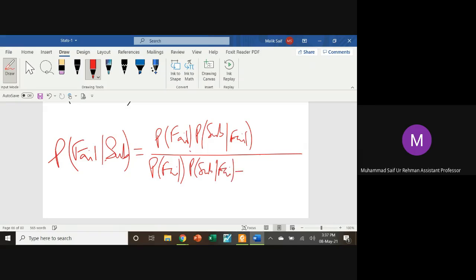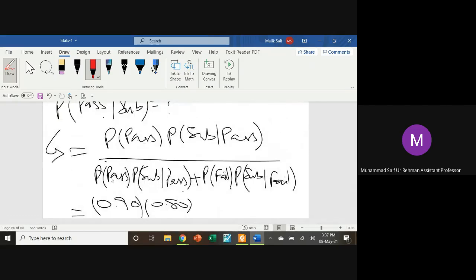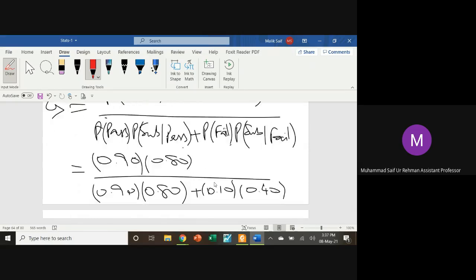And what is the other possibility? If you see this situation, what I have written over here, pass, fail, submission. So pass, fail. So here, what will you write down?